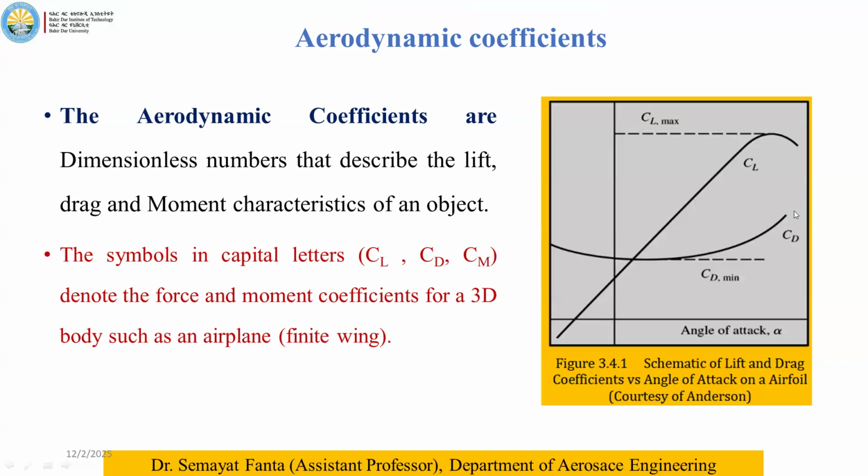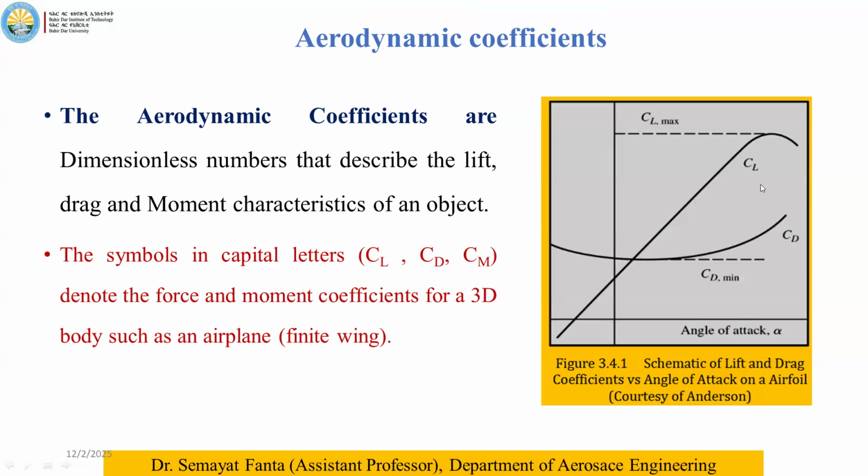In addition, it is represented with the help of velocity. So angle of attack alpha is here, and this is the CL versus alpha graph for a particular aerofoil or aircraft.